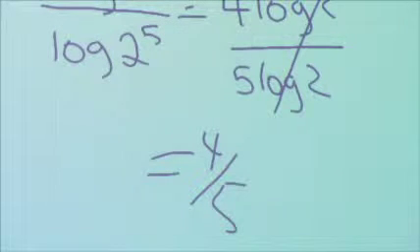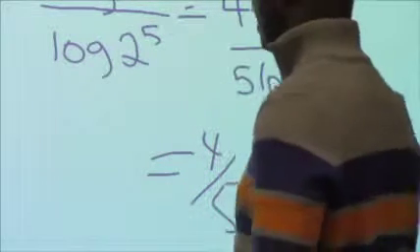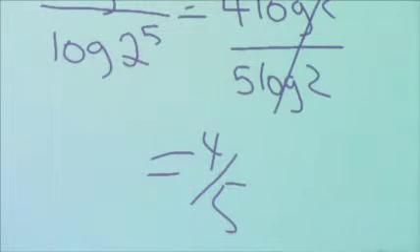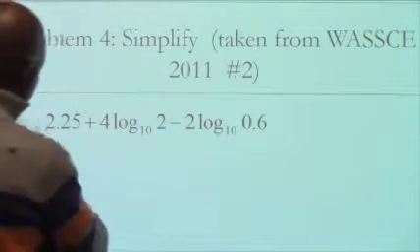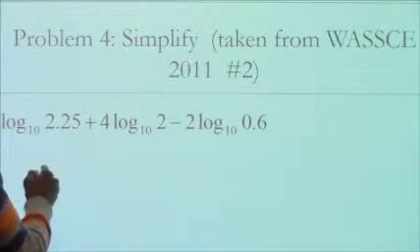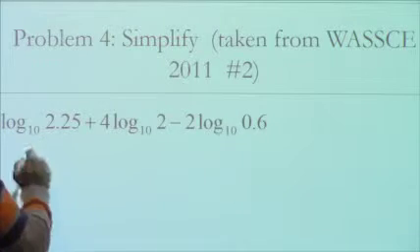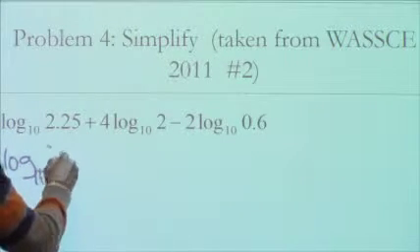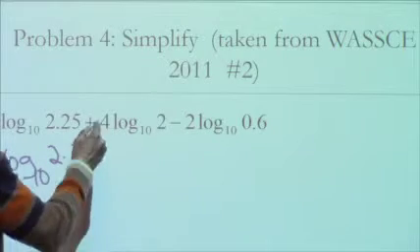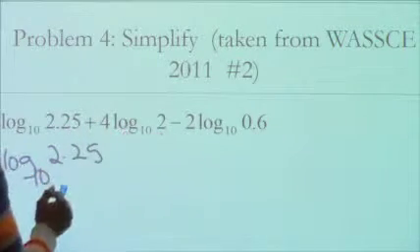Now there are other approaches. We could have converted them to power base of 2 earlier and then proceed from there. So one of the things we can do is that 2 and 2/5. Well, let's see how we do this. So let's do log base 10 of 2.25. There's a plus sign, so we can join it with this by multiplication.